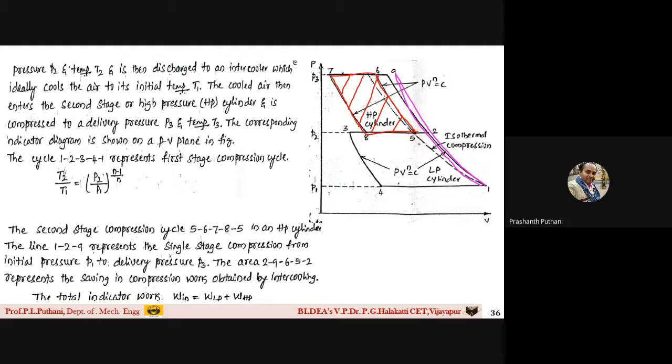If the compression is carried out in a single stage. So from here itself you can see this much amount of area we have reduced, the pink color shading, because we have not gone for a single stage. This much amount of area is reduced, and work input for compression is reduced. So we need to calculate only for this area now.